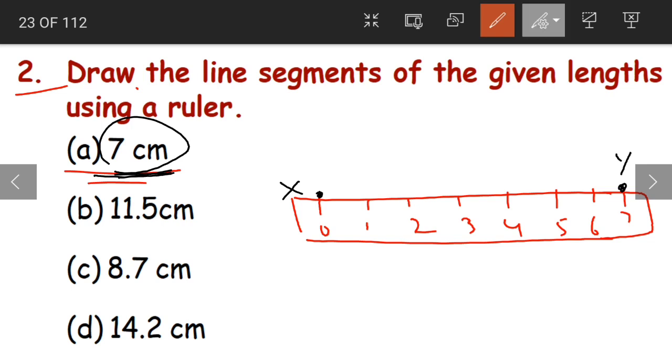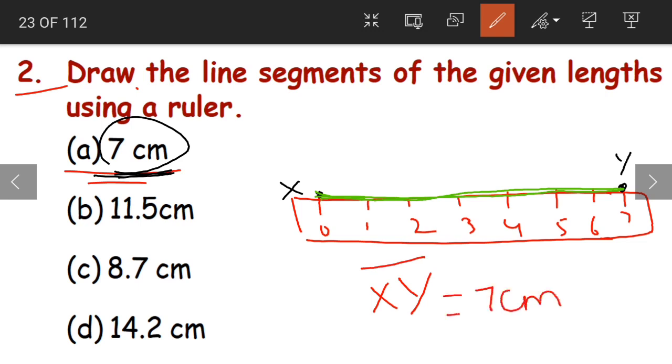In the question it is clearly given as 7 centimeters. Now the third and final step is to join these two endpoints. When we join our two endpoints X and Y, then we are ready with our required line segment XY, whose length is equal to 7 centimeters.